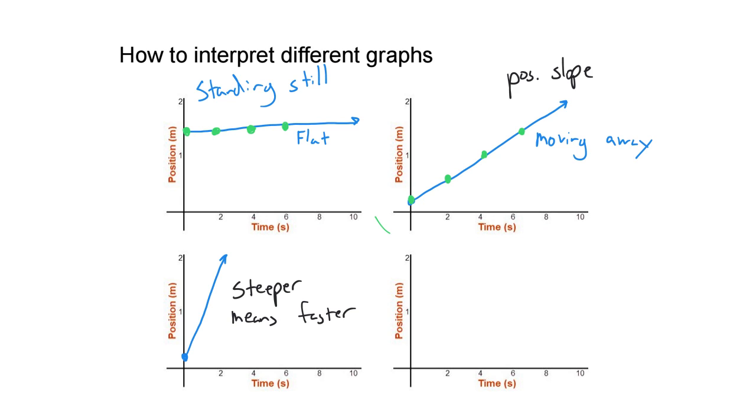So the steeper the line, the faster it's moving away from you. And one last option here, at least for this slide, is we could have an object that starts far away from us and then starts moving towards us. So this is moving towards the observer.